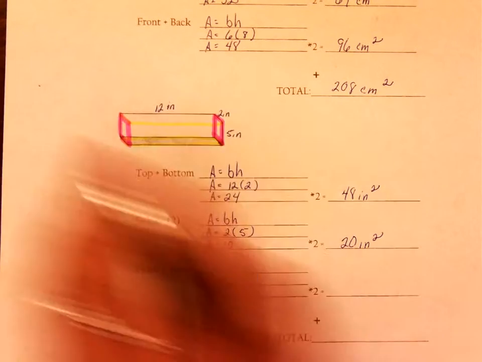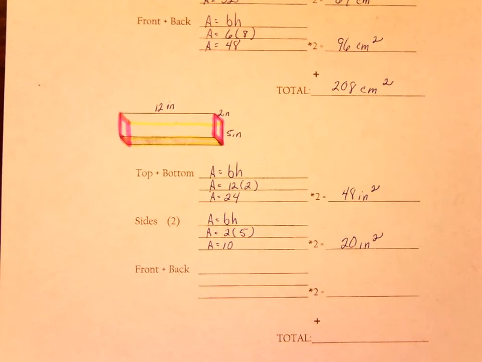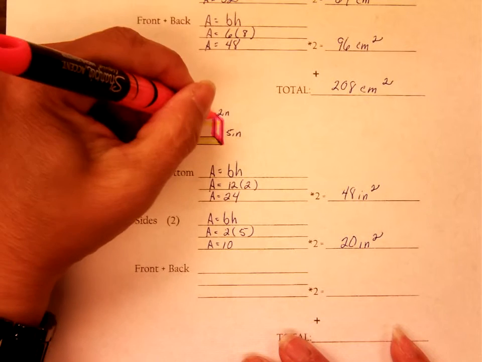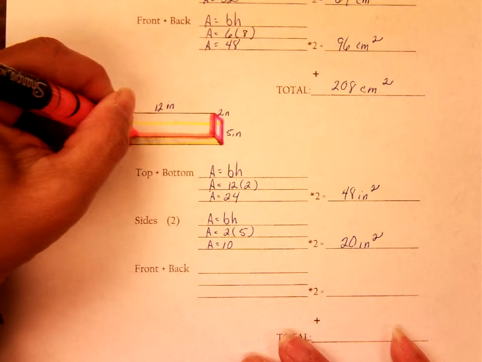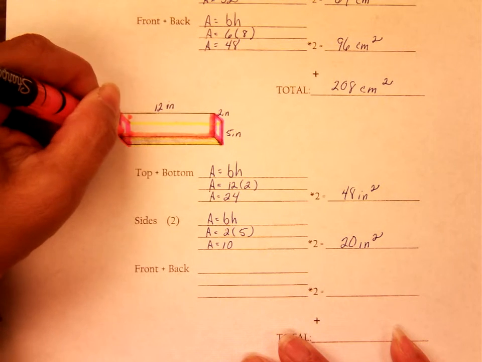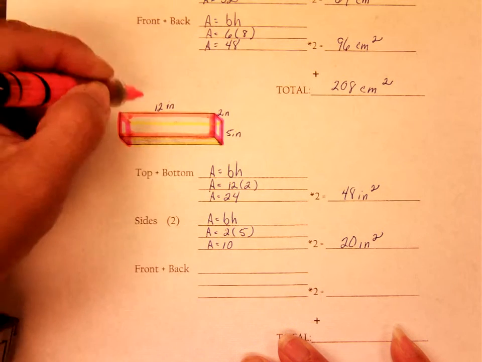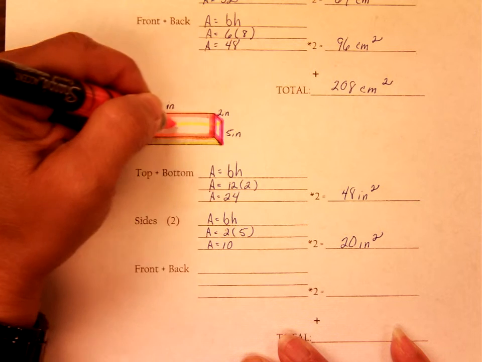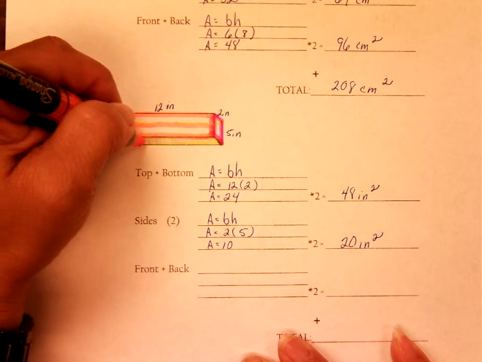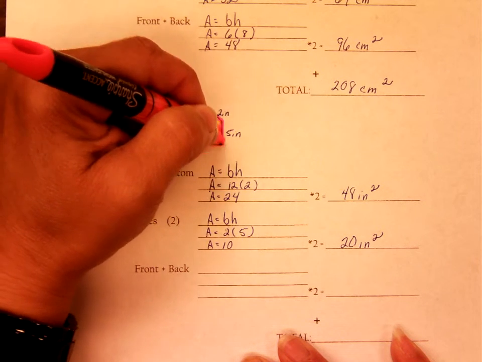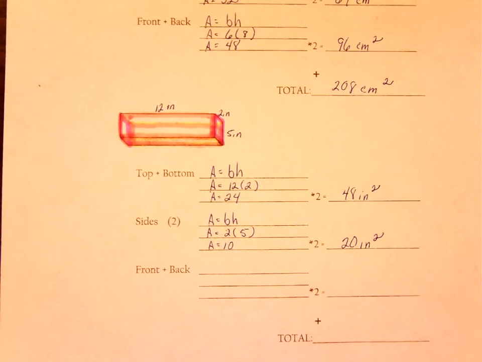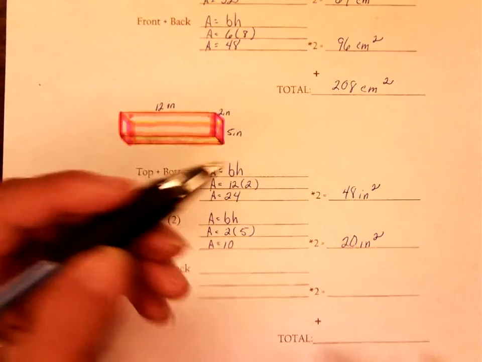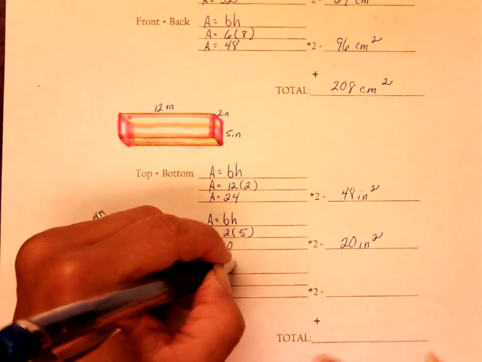Okay, front and back. This is the front right here. And then this would be the back here. Okay, so you have area is equal to BH.